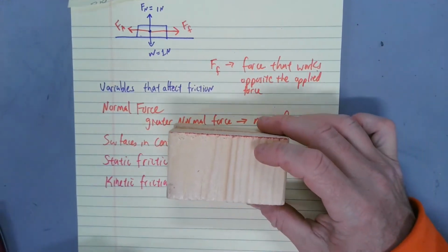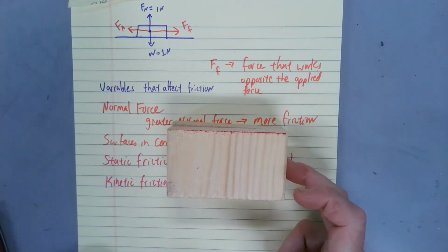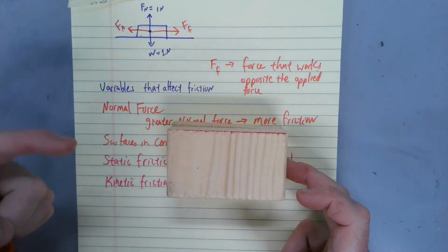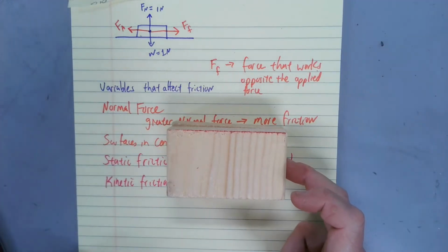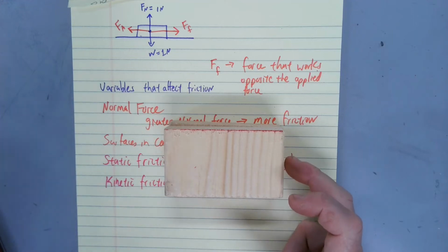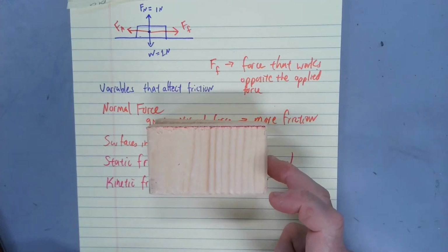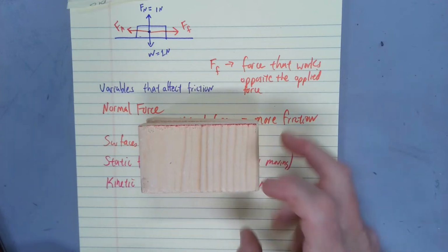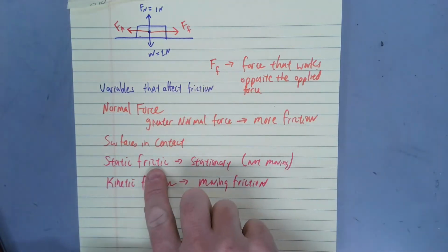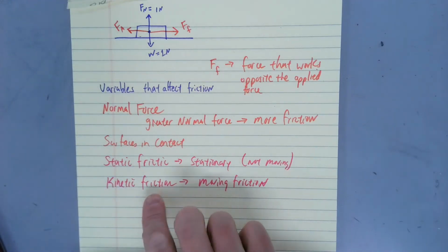Have something sitting here. I have to apply a certain amount of force to get it moving, to overcome that static friction that is pushing against me. But if you ever move something really heavy, like a couch or a refrigerator across the floor, once you get it moving, it seems to be easier. And that's because the static frictional force is always greater than the kinetic frictional force.